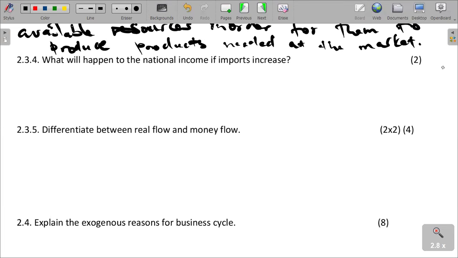What will happen to national income if imports increase? Remember we said imports naturally are a leakage. Imports are a leakage in the economy, so we are reducing our national income.